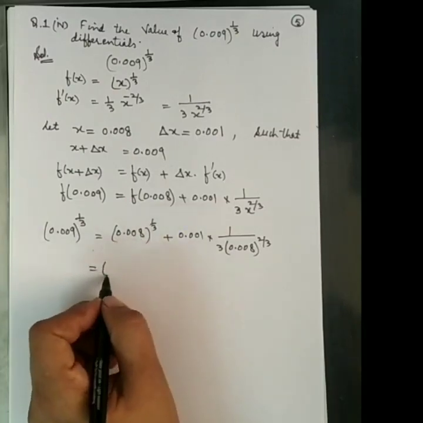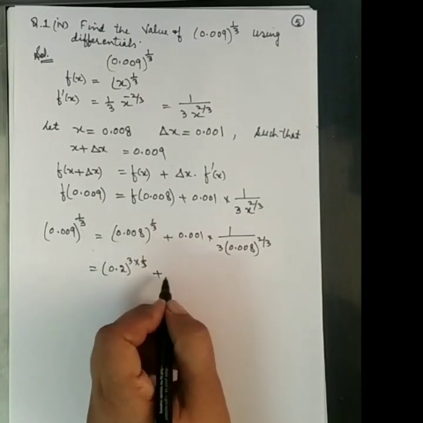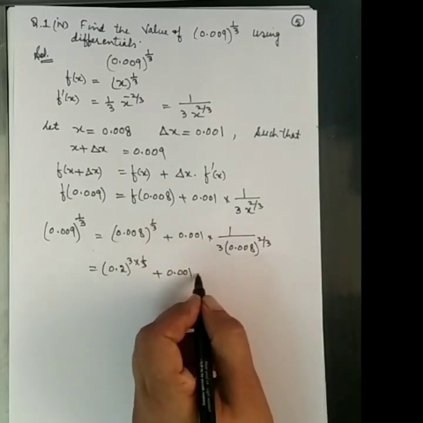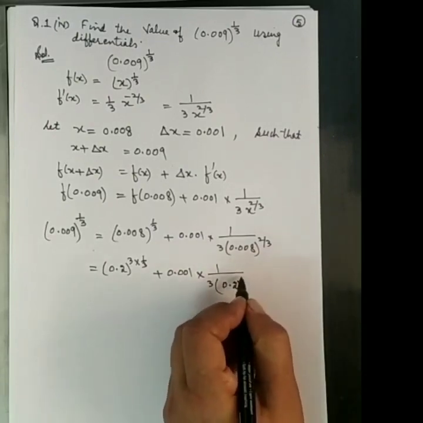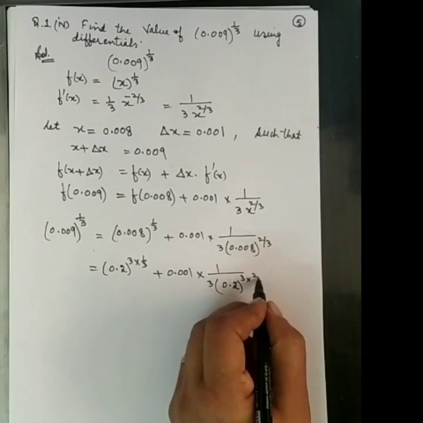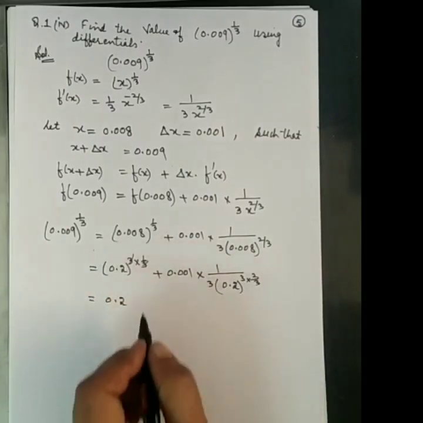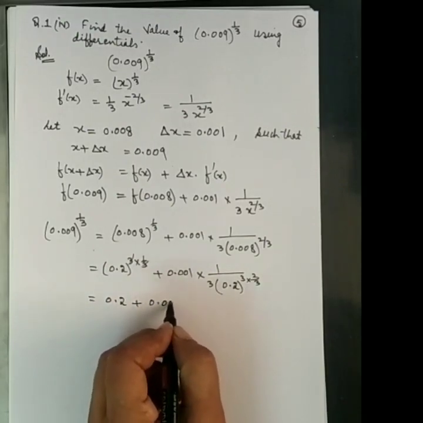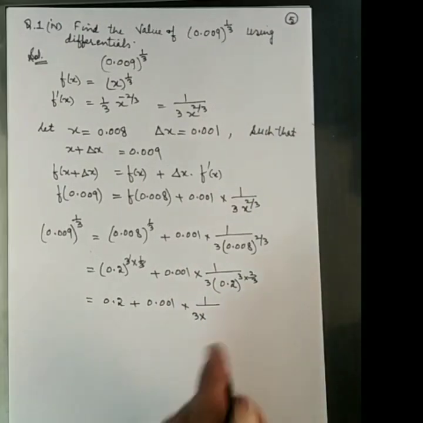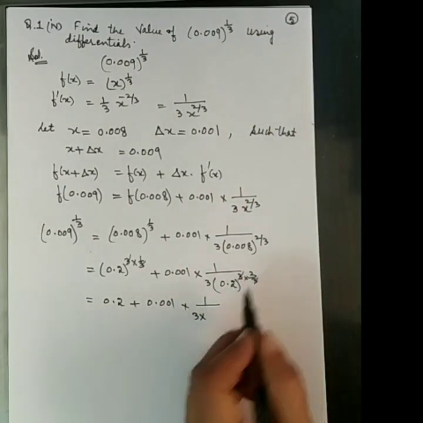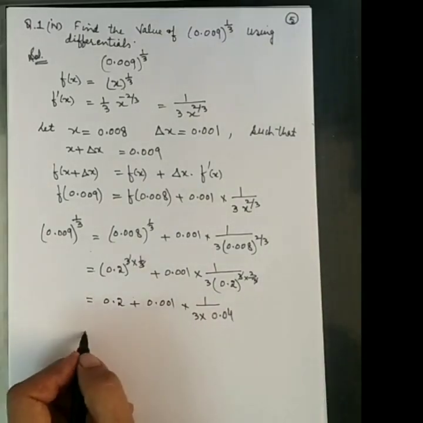So it will be 0.2 whole cube plus 0.001 into 1 upon 3, 0.2 raised to power 3 multiply 2 by 3. So it will be 0.2, the powers cancel, plus 0.001 multiply 1 upon 3 into 0.2 square, that will be 0.04.